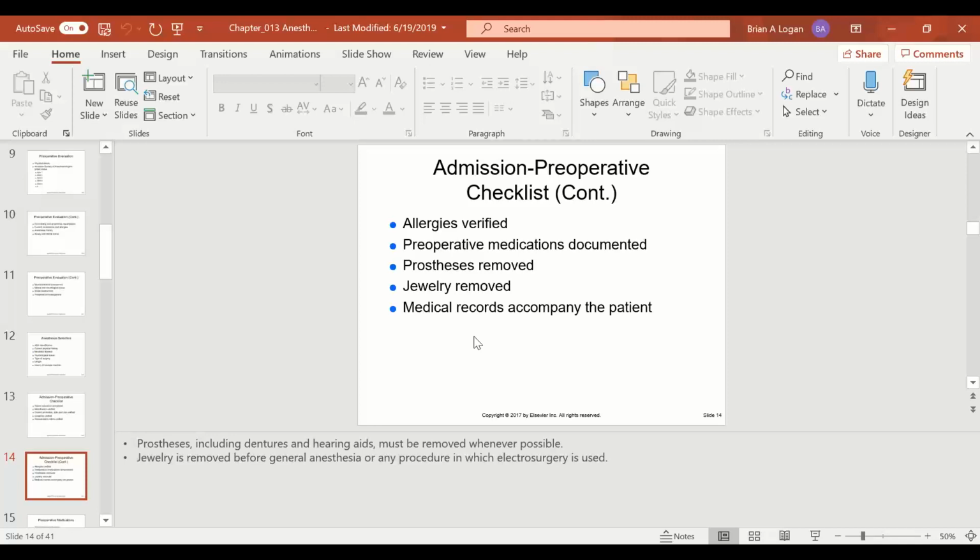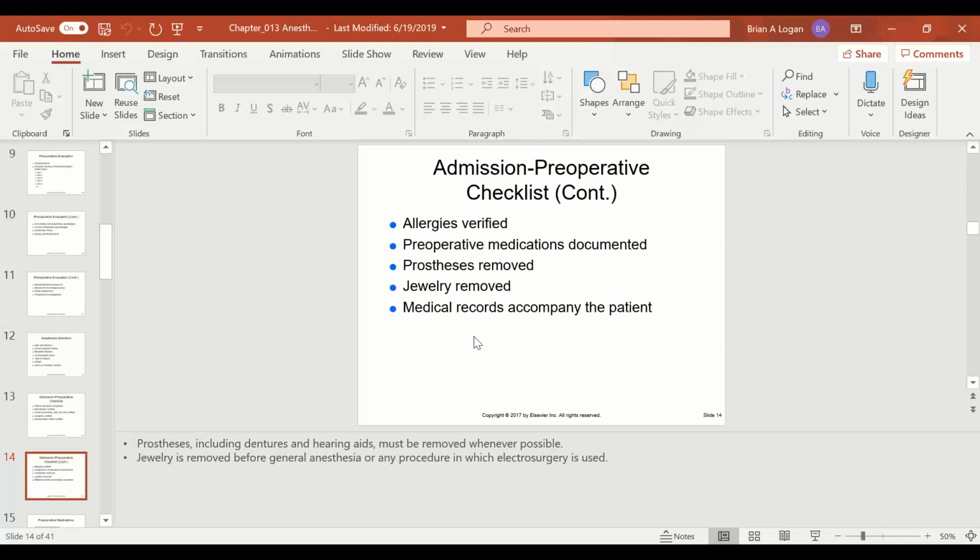Anything that was given pre-op gets documented as far as medications, your Versed, the ketamine, that kind of stuff. If you have a prosthesis, like a hearing aid, or like your glasses, things like that. Typically, we want to let them keep dentures, too.